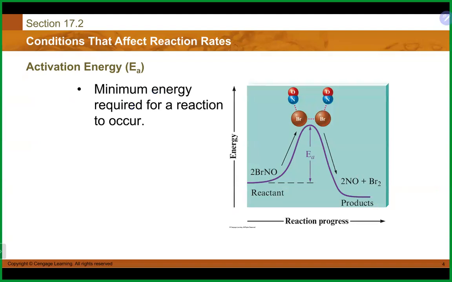So again, that activation energy, which is E of A, is the minimum amount of energy that's required for this reaction to occur. So that's what we're talking about when they collide. These reactants, as they are coming up the hill in terms of energy, after they collide we're starting to break some bonds and starting to make some bonds.